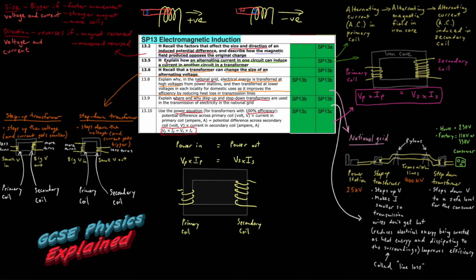Again, higher only. Explain how an alternating current in one circuit can induce a current in another circuit in a transformer. So this is a transformer here. If you put voltage into the primary, it can create a voltage in the secondary. That's all it means.